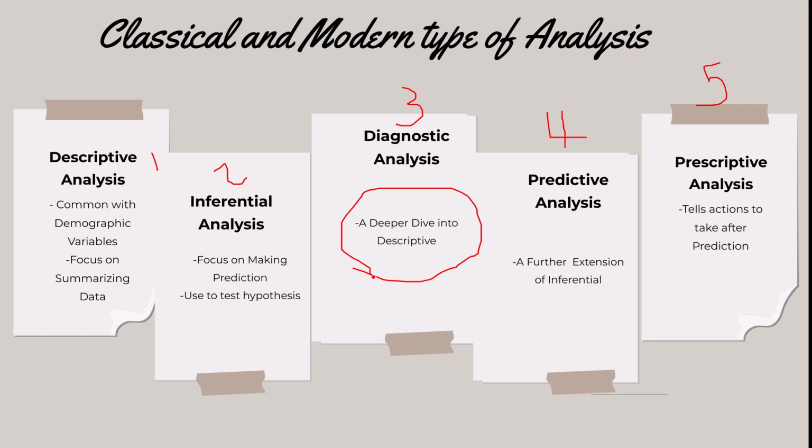We have the predictive analysis, which is an extension of inferential statistics. And we equally have prescriptive analysis. This tells us which actions we must take after making our predictions.